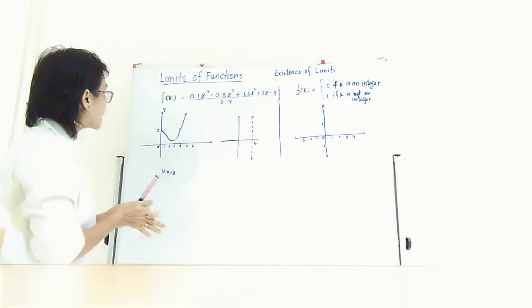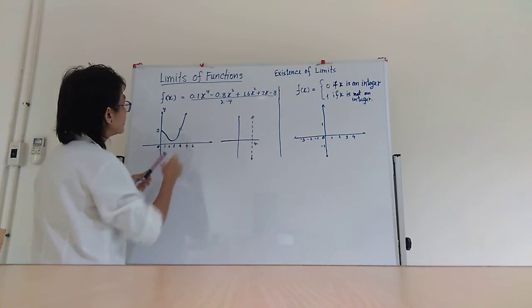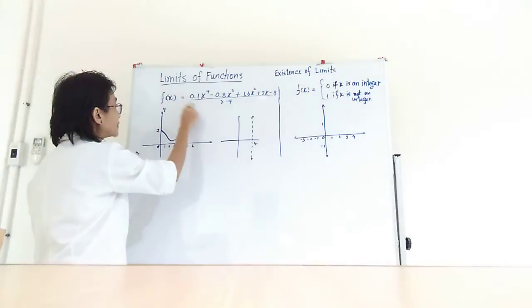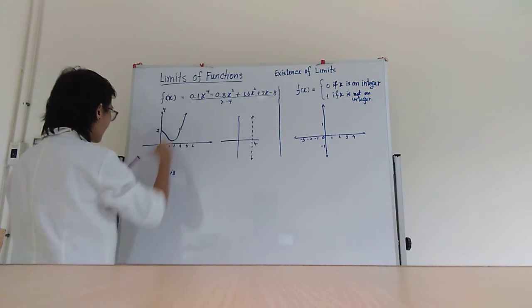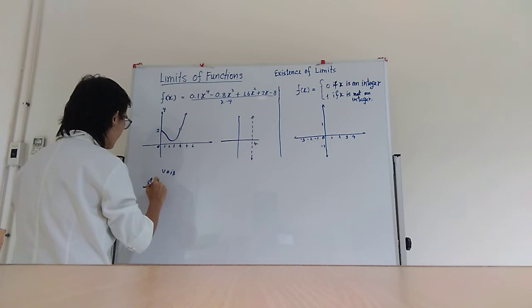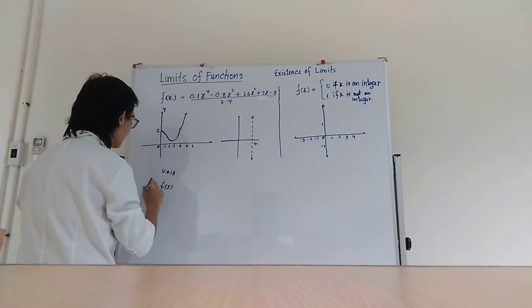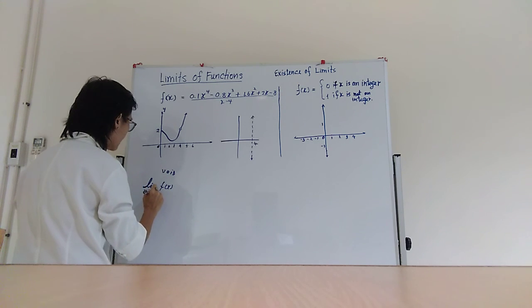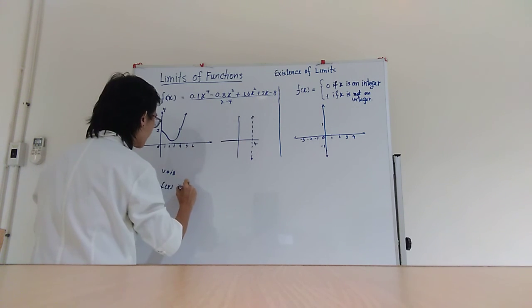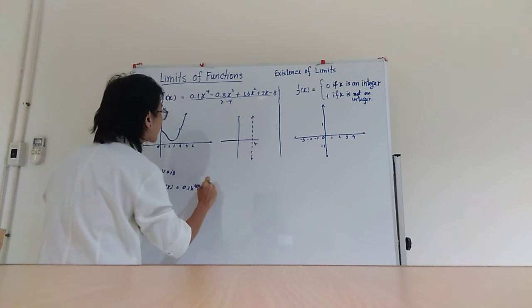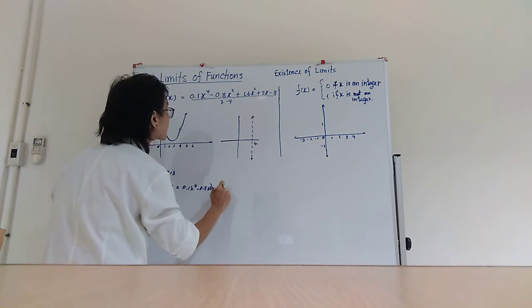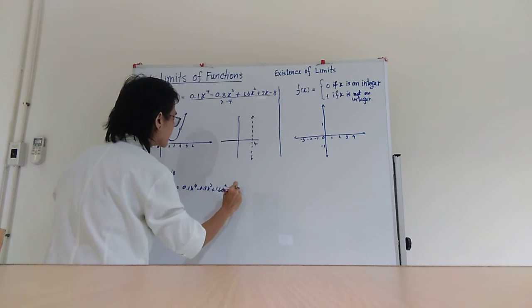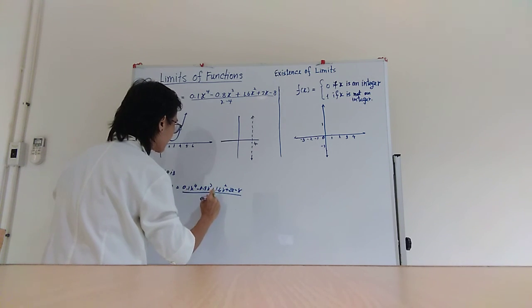And now say you want to form this function, right? From this function, if you take the limit for both sides, say the limit of this function when x approaches 4, equal to 0.1 x to the power 4 minus 0.8 x to the power 3 over x minus 4.